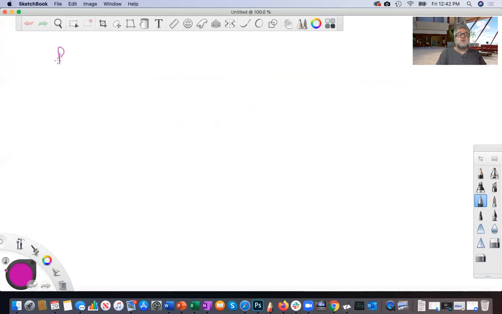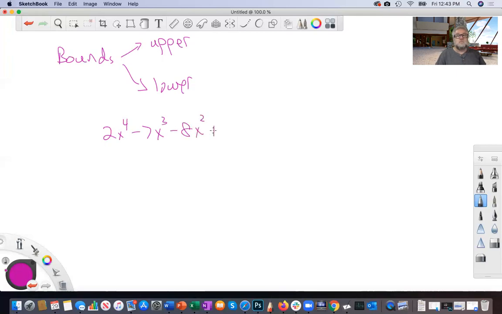Okay, now we talk about bounds for the solution. And there's an upper bound and a lower bound. Meaning, if I try a number, like if I have a big old long polynomial, let's see, 2x to the fourth minus 7x cubed minus 8x squared plus 14x plus 8.